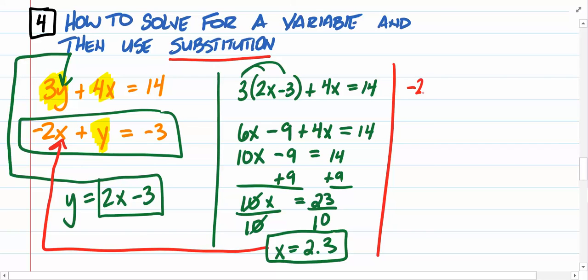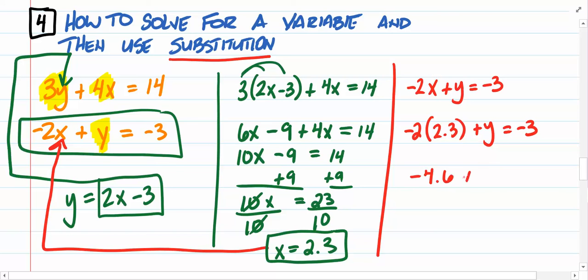So I'm going to have negative 2 times x plus y is equal to negative 3. So I'm going to have negative 2 times the value of x, which is 2.3, plus y equals negative 3. So negative 2 times 2.3 is negative 4.6, plus y equals negative 3. And then just simply add 4.6 to both sides.